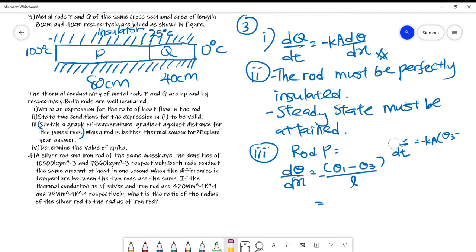From the previous video we talked about the graph of temperature. The temperature graph is decreasing, from the hotter region to the colder region. So what we get for this gradient is actually negative.